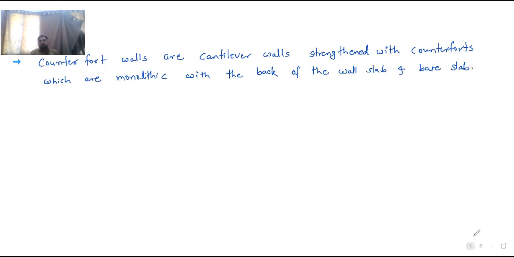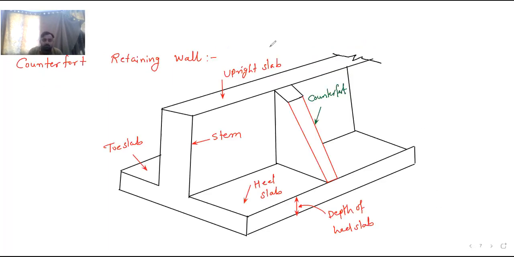So these are counterforts. These counterforts are monolithic with this wall and this base slab. It is cast together. While casting the wall and this slab, this is cast. So it is monolithic.